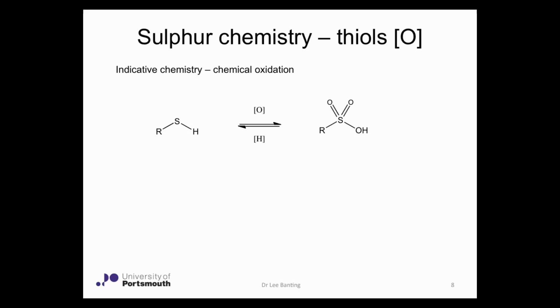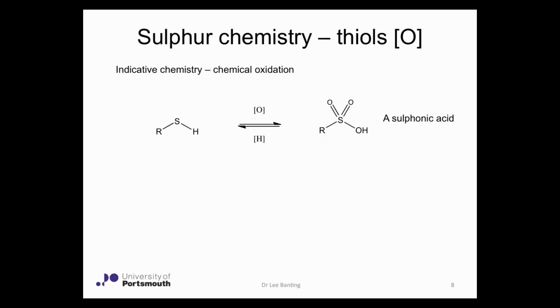Chemical oxidation can be over-oxidizing, and standard oxidizing agents can over-oxidize thiols. So, for instance, Jones oxidation by sodium dichromate in acidic conditions, or potassium permanganate can oxidize thiols to sulfonic acids.